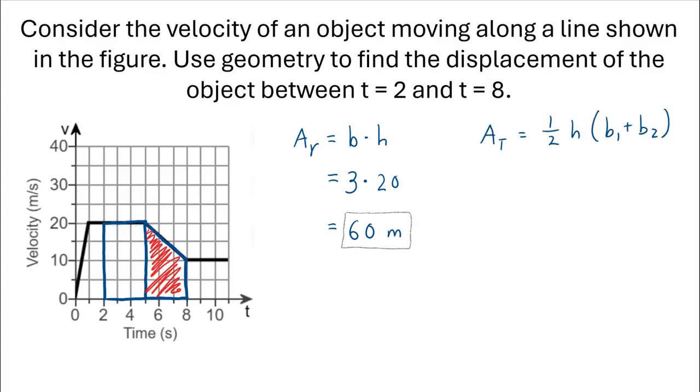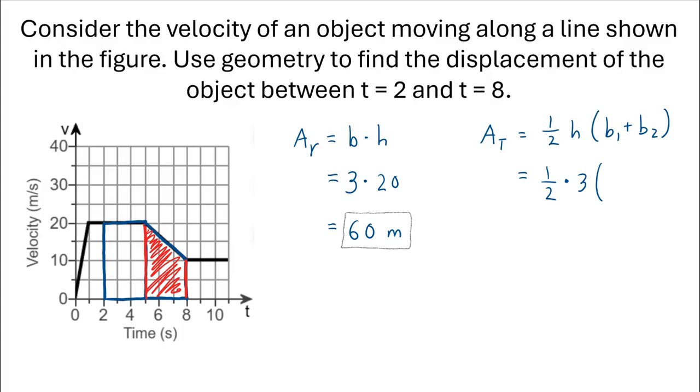Now let's find the area of the trapezoid. The two parallel sides are the two bases, and the distance between those two parallel sides is the height. So our height goes from 5 to 8, which means the height is 3.